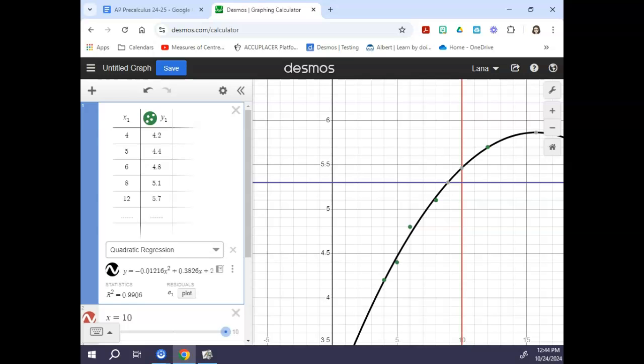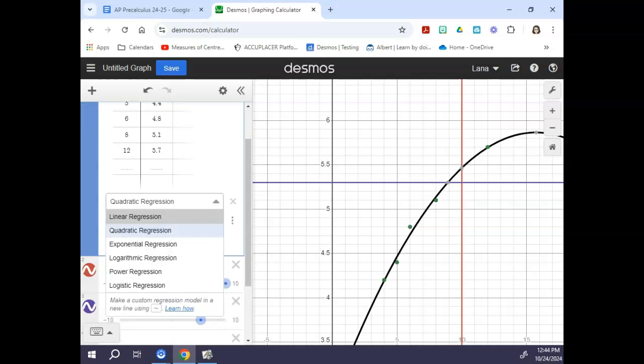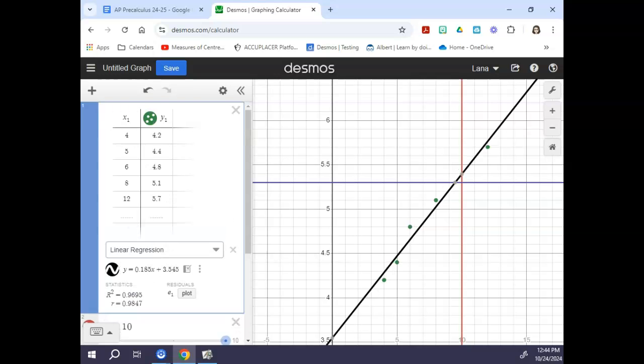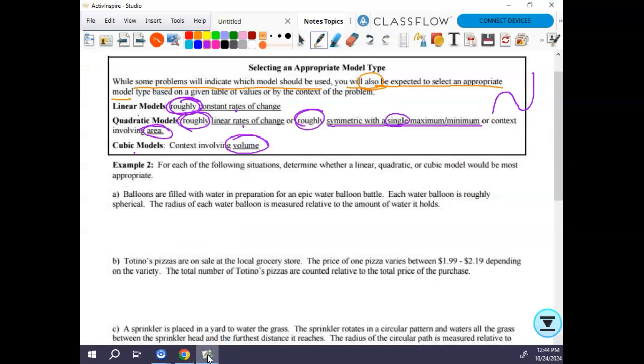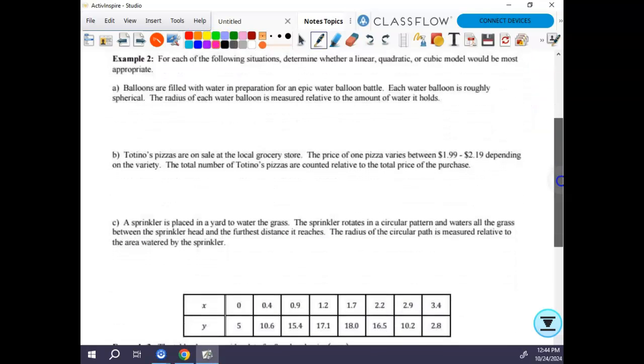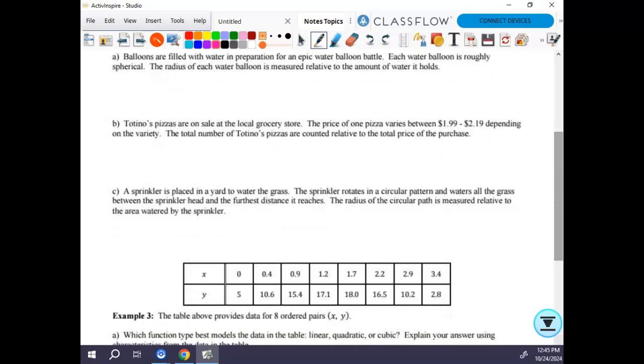We hope the baby doesn't get to whatever this is and then the weight starts to tank. That would not be good, right? That is not what is expected of the great majority of babies. We expect it to keep increasing. And so even though they both kind of look good, context makes a difference here for sure, whether or not you're told. All right, so for each one, we are going to determine whether it would be linear, quadratic, or cubic.